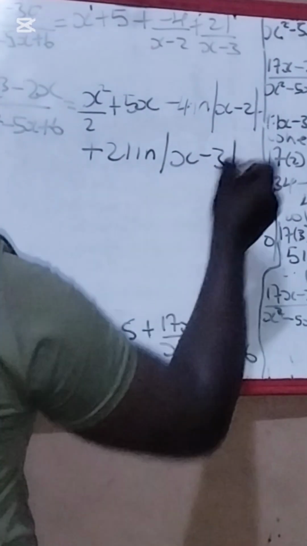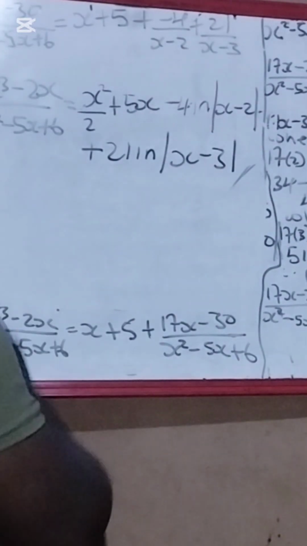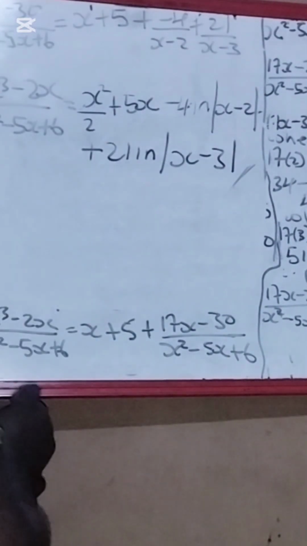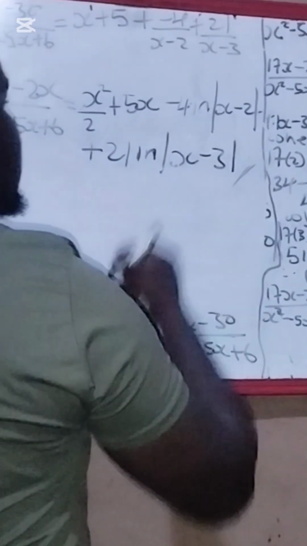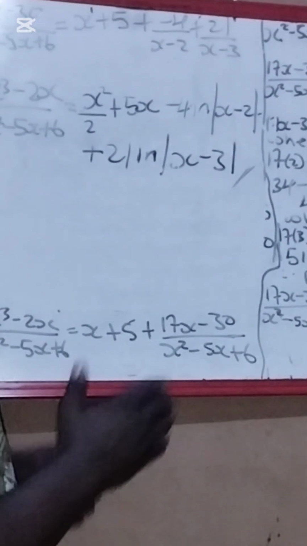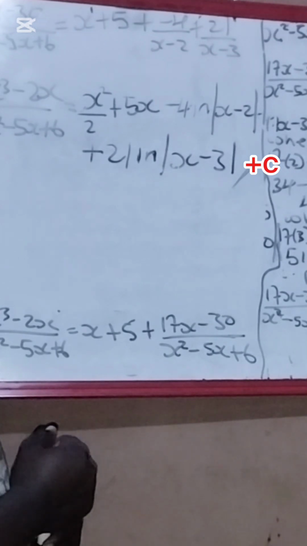And this is the answer. So whenever we are told to integrate this, this is our answer. This is how to solve partial fractions and integration.